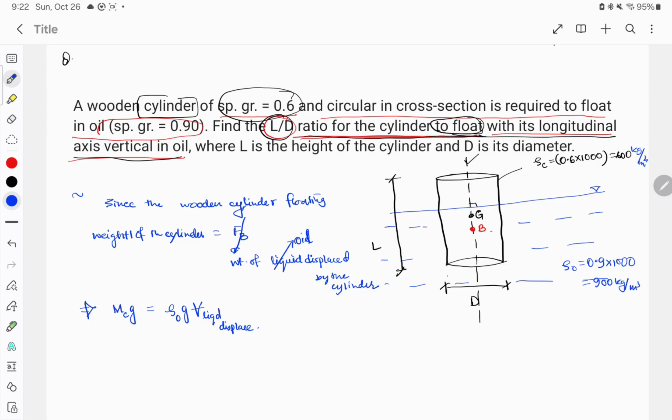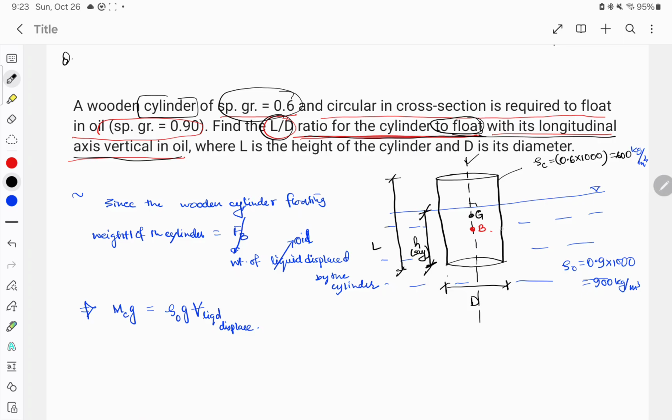For calculating the volume of the liquid displaced, we need to consider one more thing in the diagram, which is the depth of submergence. Let us say h height is inside the oil.